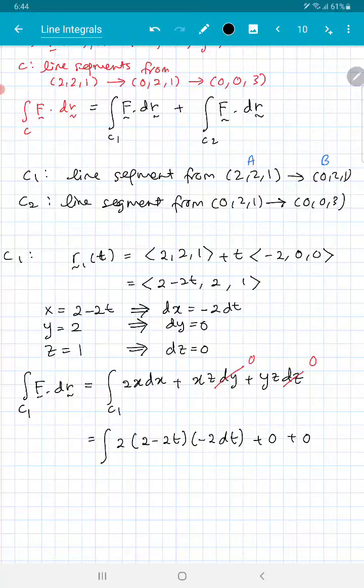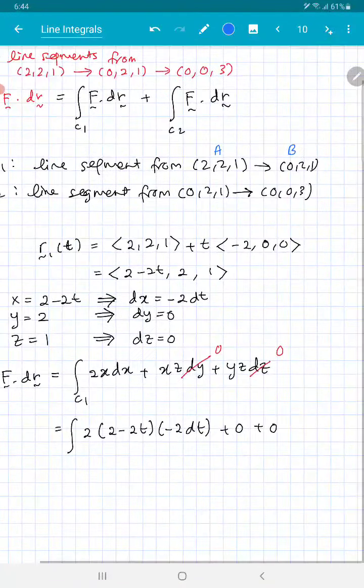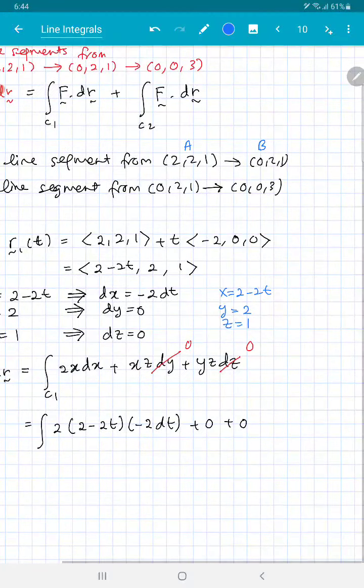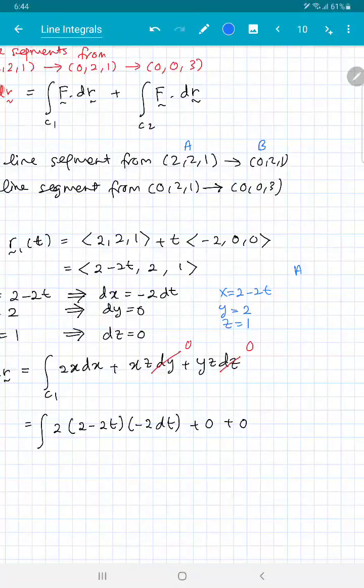So what we do is we get the value of t at the starting point, and also the value of t at the destination point. Now we have our parametric equation for x, y, and z: x is 2 minus 2t, y is 2, and z is 1. And here we have our point A, which is the starting point.